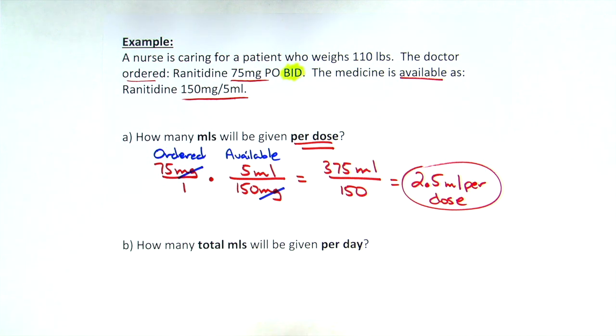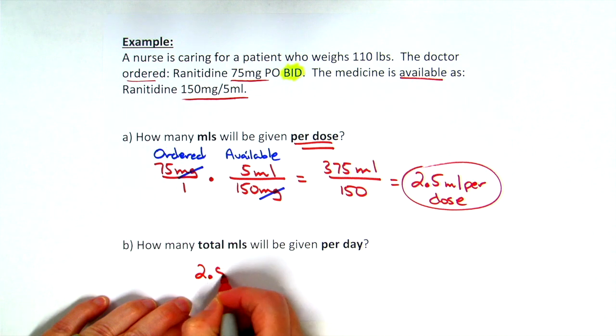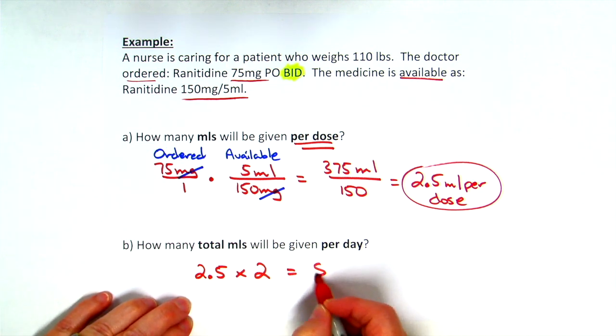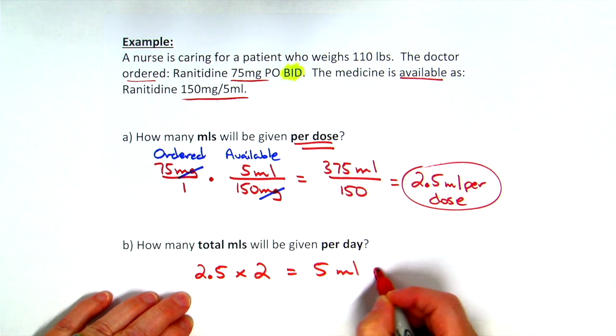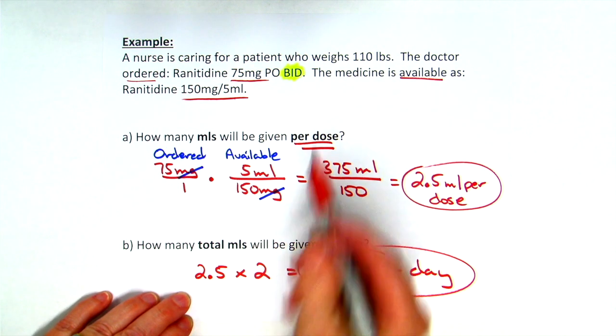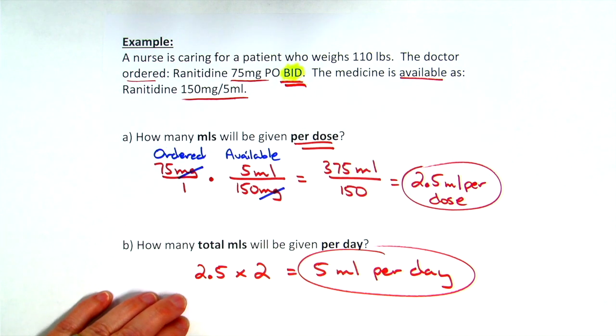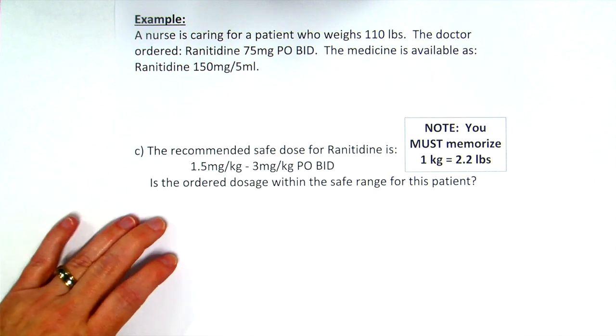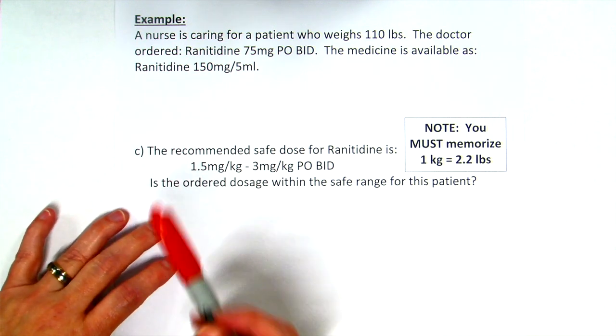So then that means I'm going to take 2.5 times 2, and that's going to give me 5 milliliters per day. BID, twice per day.